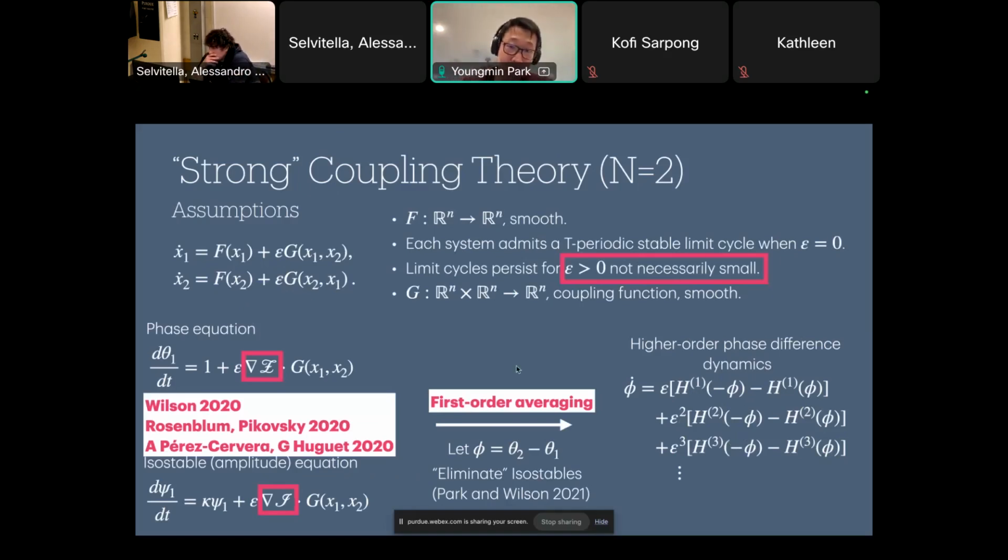I'm going in the opposite direction, where I did show you the case of F and G being the same between the oscillators, but all of this work actually allows you to have completely different vector fields and completely different coupling functions, so long as the periods are sufficiently similar. It sounds restrictive, but it's not as restrictive as it sounds.